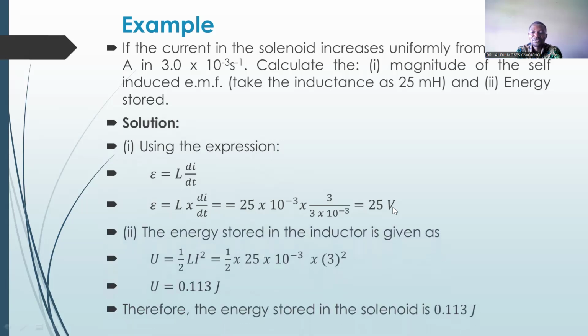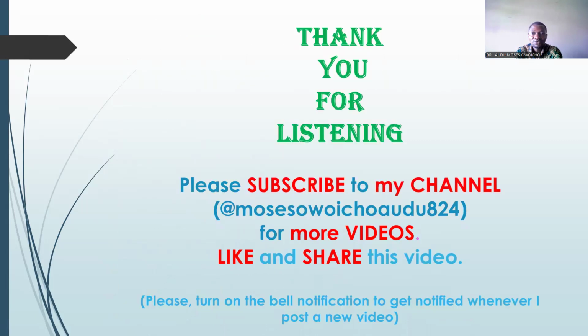Then the energy stored in the inductor, using this expression, we substitute, we'll have it to be 0.113 joule. Therefore, the energy stored in the inductor, a solenoid, is equal to 0.113 joule. So this is how to go about calculating the self-induced EMF and the energy stored in the inductor.